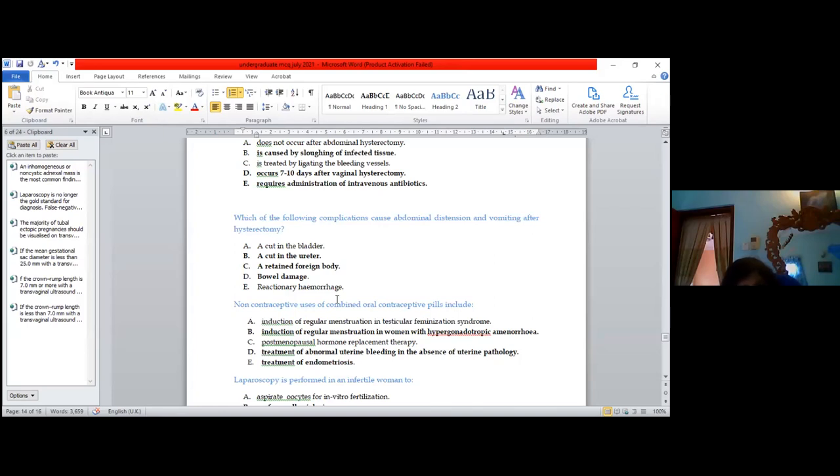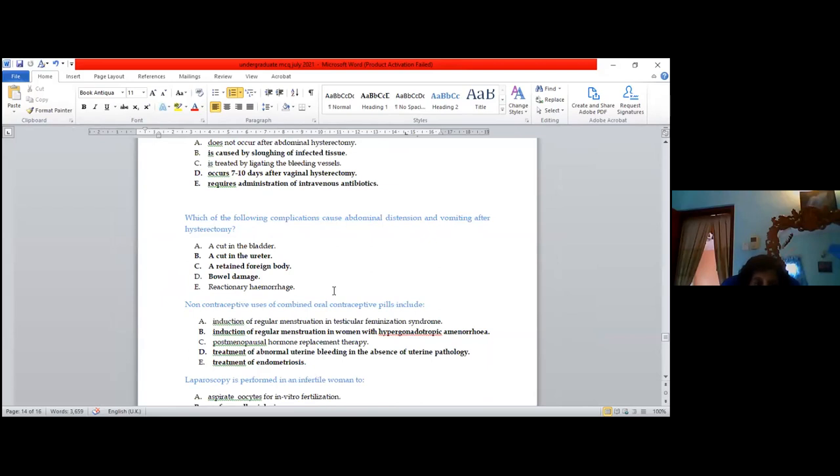Retained foreign body, yes, because infection causes abdominal distension and vomiting due to peritonitis. Bowel damage, yes. So these are all dangerous conditions. We should be very careful. If a woman develops abdominal distension and vomiting after hysterectomy, it usually occurs after 48 hours, but it can occur very soon after surgery, because all these can cause immediate symptoms.